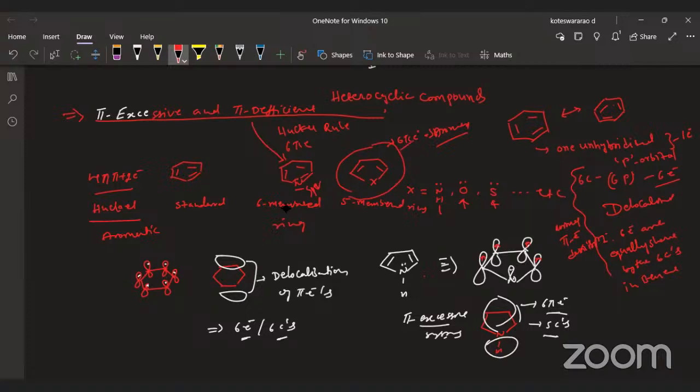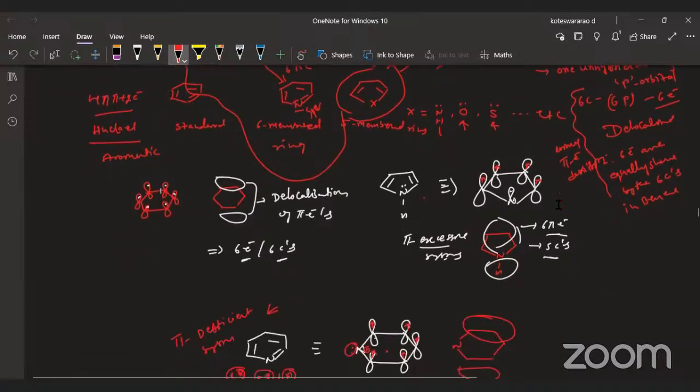So 5 atoms share 6 electrons. Therefore, the electron density is more when compared to normal benzene. Such molecules are known as pi excessive heterocyclic compounds.